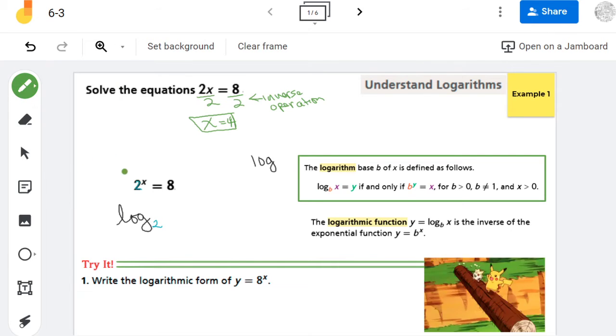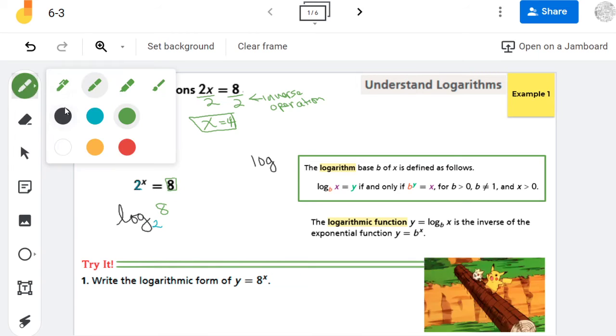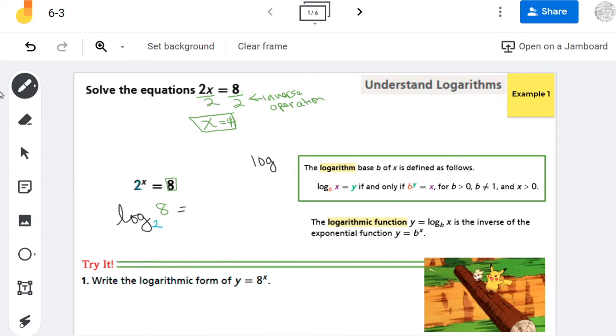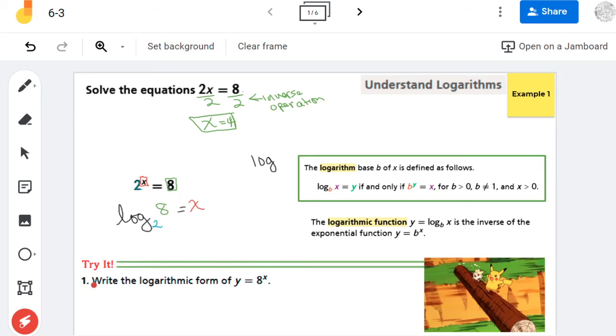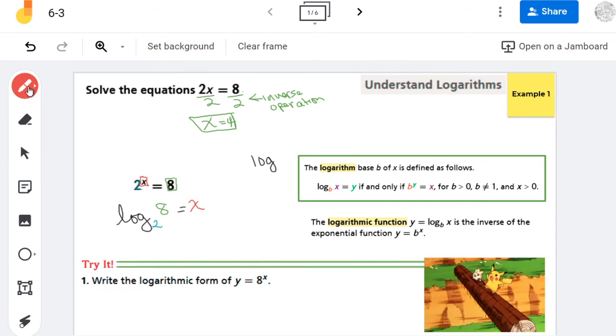Now the stuff that the exponential equals, the 8, is going to come inside the logarithm. It's written at the same level as the log. And then I put equals, and whatever the exponent is, that's what the log is equal to. Some textbooks call the log the what power function.